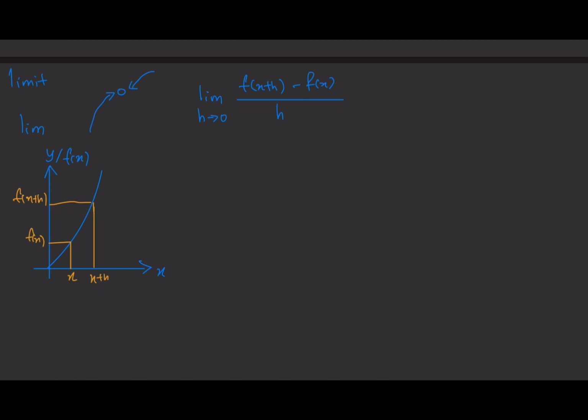Now, let's say the equation of this curve is y equals x squared, or I prefer to use the term f of x equals x squared. Using this definition, you can find the derivative: the limit as h approaches 0 of f of x plus h, which is x plus h squared, minus f of x, which is x squared, divided by h.